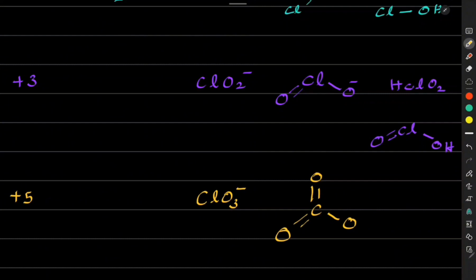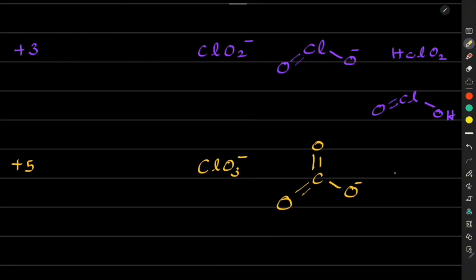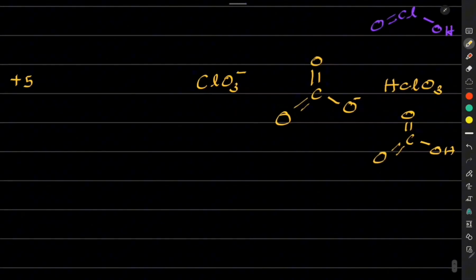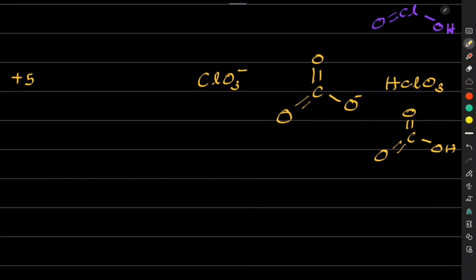When we are drawing the oxo acids, we just add H plus where the minus charge is present. The oxo acid of the +5 oxidation state is HClO3. The structure is O double bond Cl, O double bond, and OH. This is the structure of the +5 oxo acid.